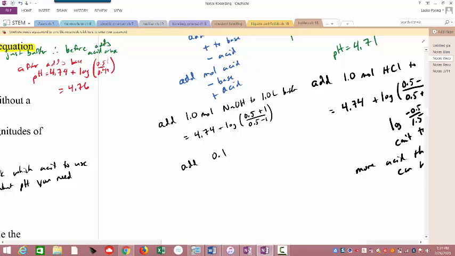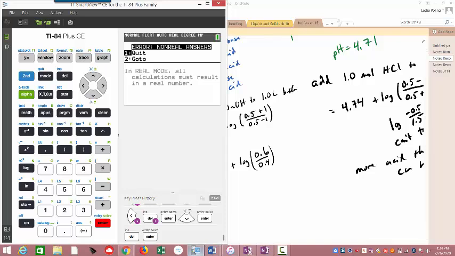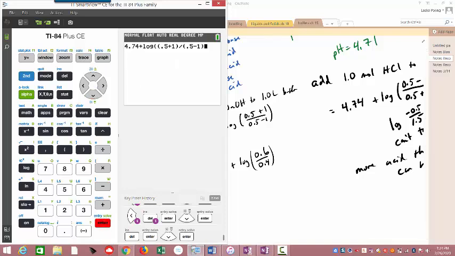So what if we added 0.1? So that's going to be 0.6 over 0.4. I am trying to find one where it just shows that, hey, the pH changed.